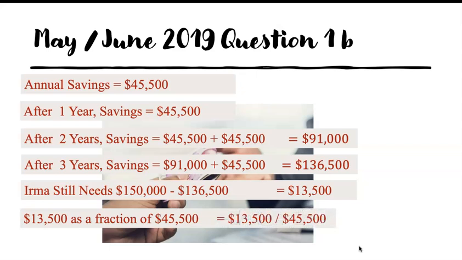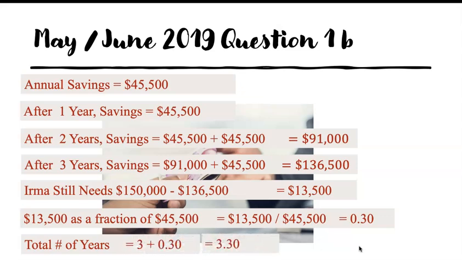And we can divide to find that. Right, so $13,500 as a fraction of the whole year, $45,500, will be 0.3. So we have 3 full years plus another 0.3 year to give us 3.3 years.